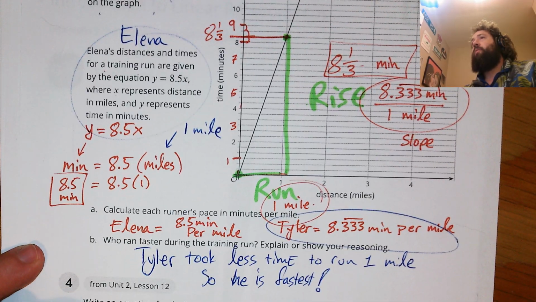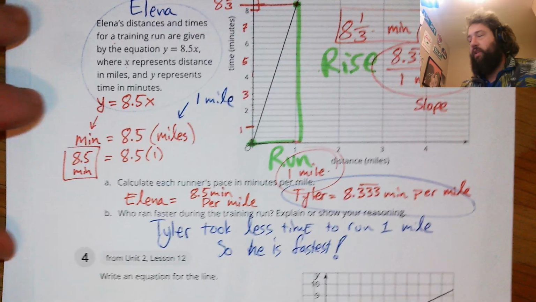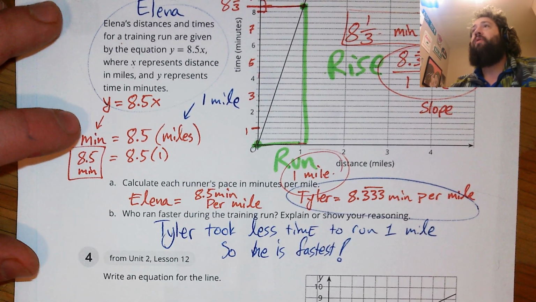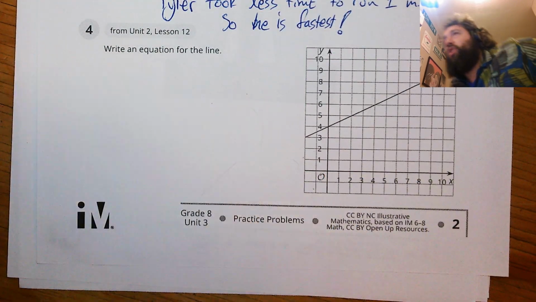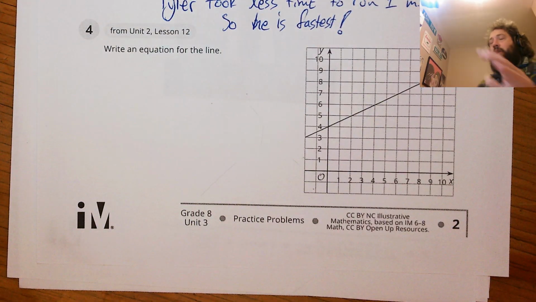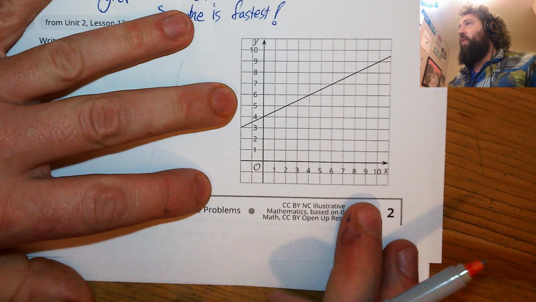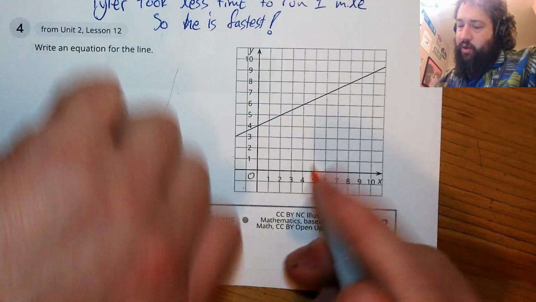Oh, there we go. All right, let's finish this off with question number 4. Write an equation for the line. Well, I didn't even want to read that. I just wanted to find a slope right away off my line. I'm going to pick 2 nice points.